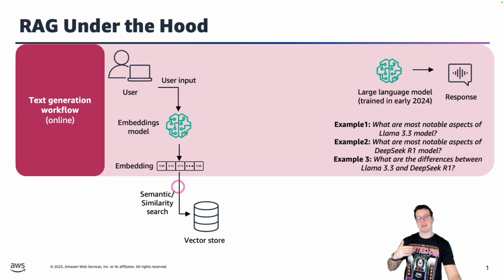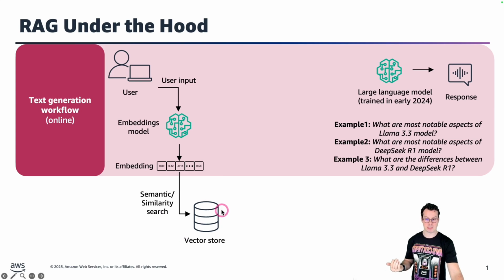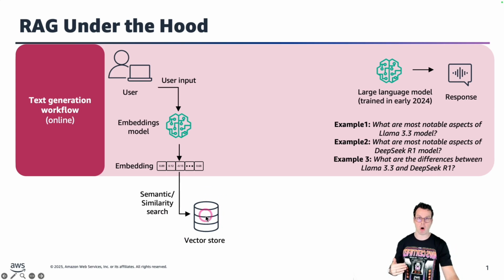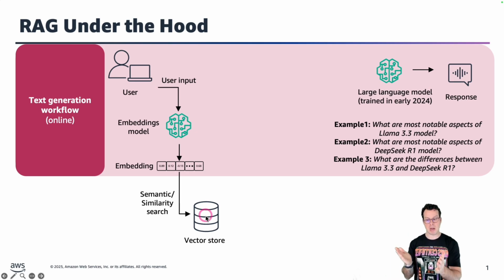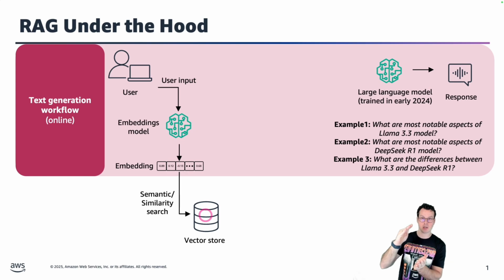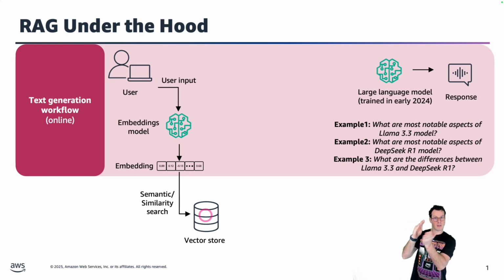That can then be compared to the vectors, the embeddings, that we have in our vector store. Practically, with this semantic search, when you're searching for something similar, we can very efficiently find how close the vector representation of the user's question is to different vector representations of different information within the vector store.